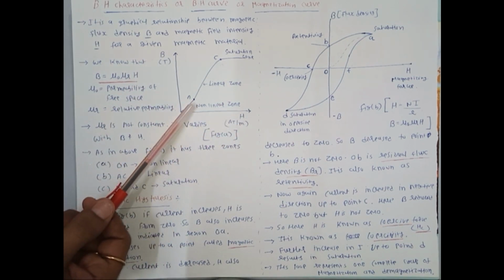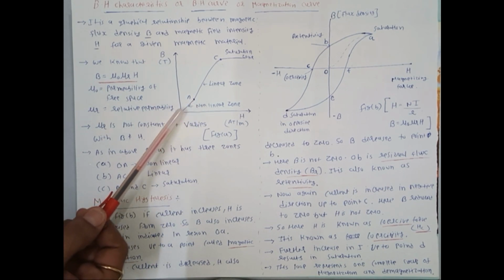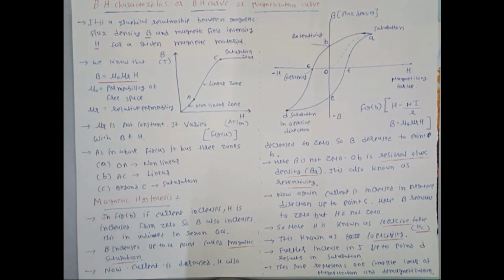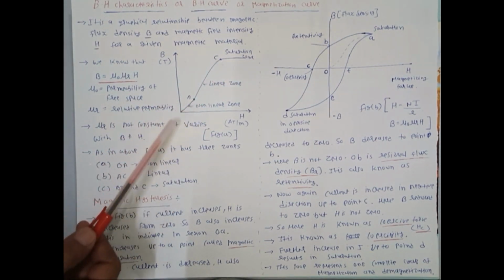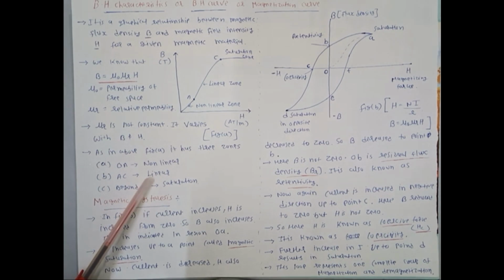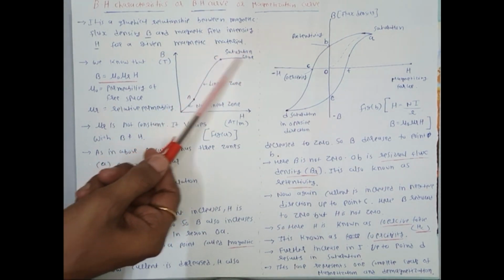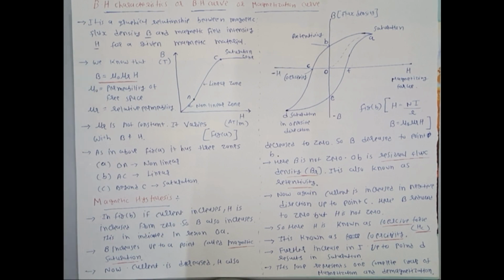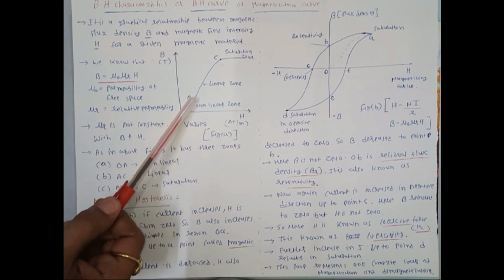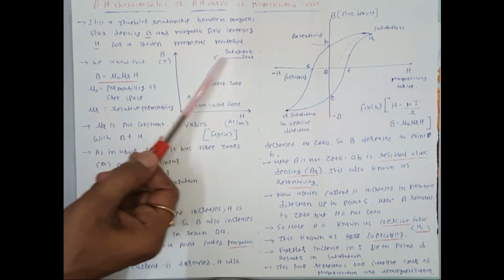You can see that in this plot there are three zones: O to A, A to C, and above C. OA is non-linear, AC is linear, and above C is the saturation zone. Here mu r, the relative permeability, is not constant but varies with B and H. If B increases, H also increases, but here it is non-linear. From A to C it is linear and above C it is the saturation zone.